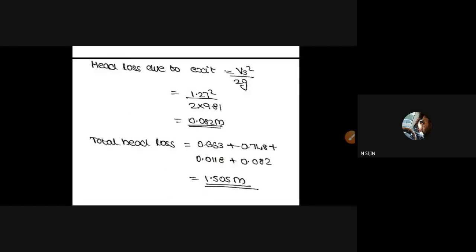What's the value? Okay, we get the value of 0.082.